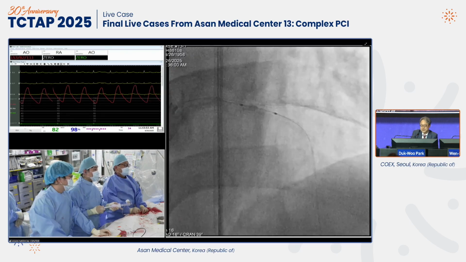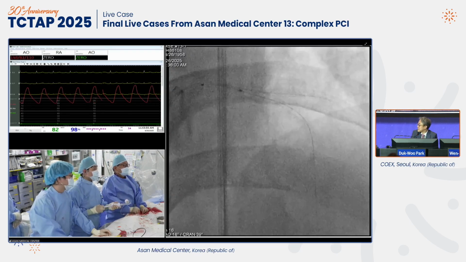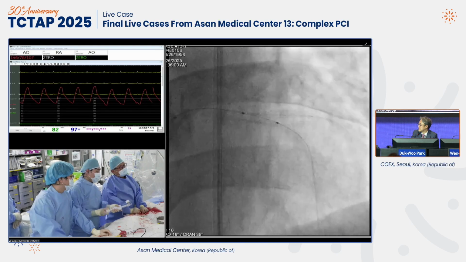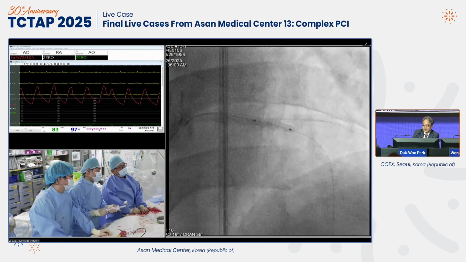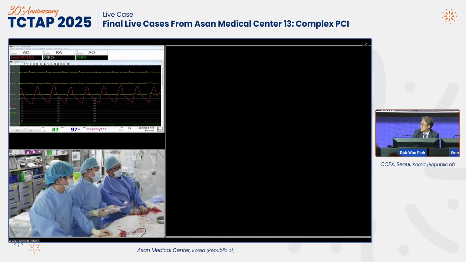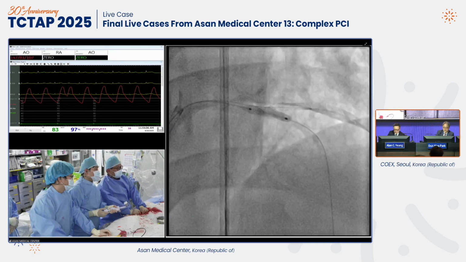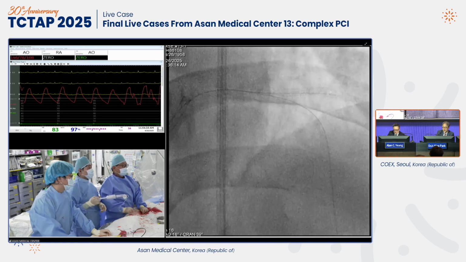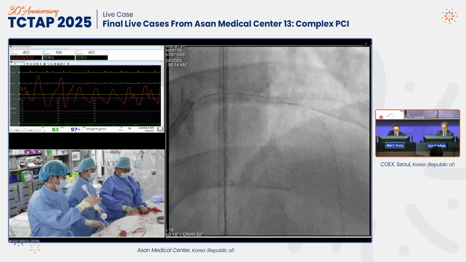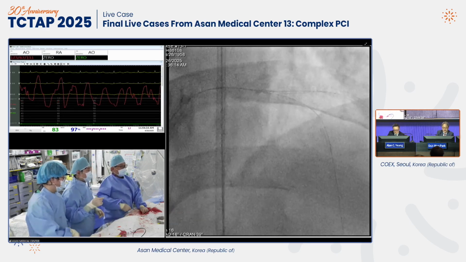Deflation. Nowadays, we almost routinely use this technique in all calcified bifurcations. 12, 14, 16. So this is a 3.0 NC in the LAD? 3.0 NC, yes. Deflation. Okay. You would like to fully cover the mid LAD to the left main, right? Yes, right.